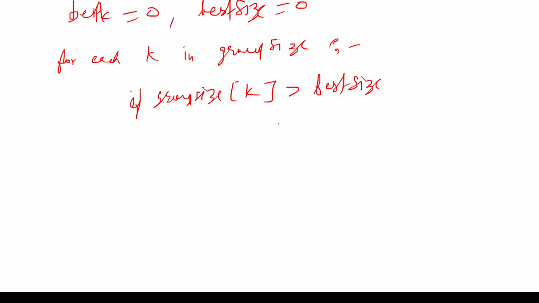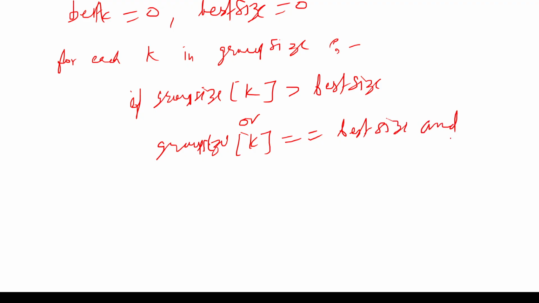If it is, then we update. Or else, if the group size at k is equal to the best size, and if k is greater than best k, we update.